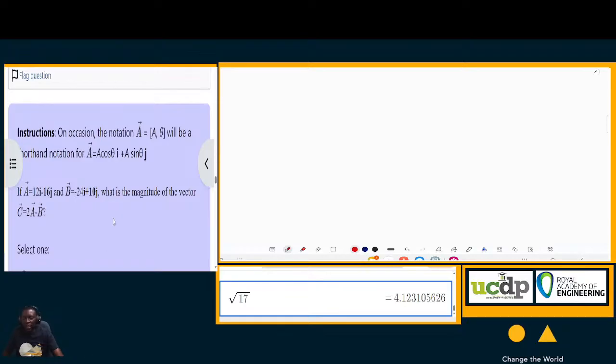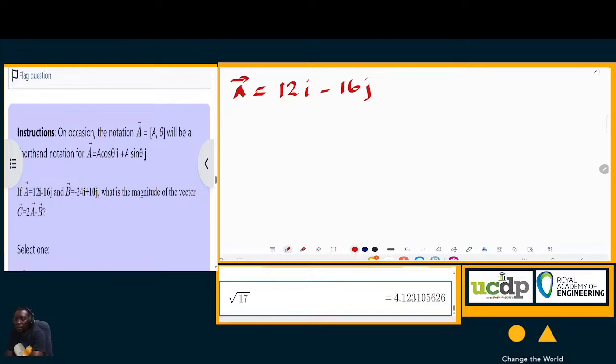So we are given vector A. We're told vector A is equal to 12I minus 16J.